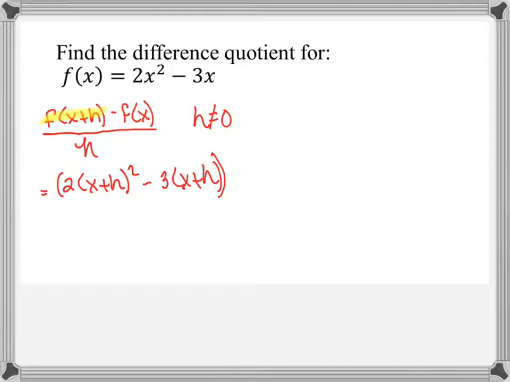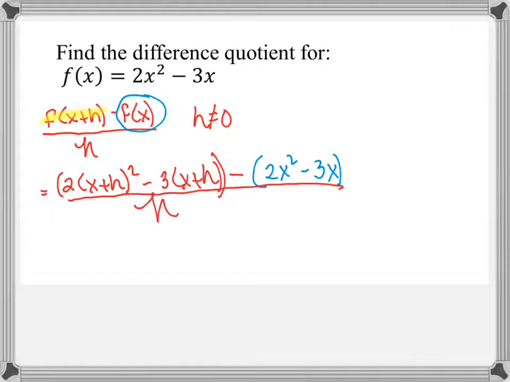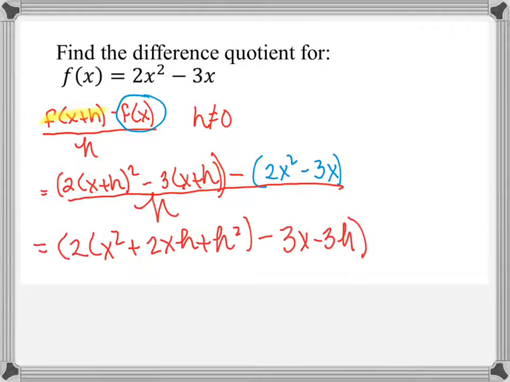I'm going to put parentheses around it for now, minus, now we'll write f of x, which is 2x squared minus 3x, all over h. Let's start simplifying. 2 times, I'm going to expand out x plus h quantity squared and get x squared plus 2xh plus h squared. I'm going to distribute the negative 3, so minus 3x minus 3h.